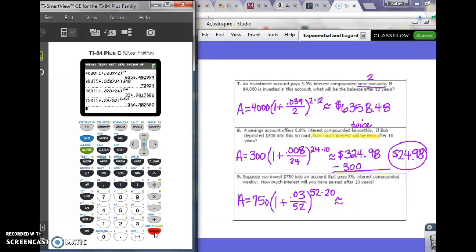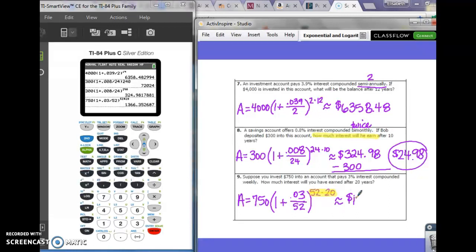A piece of advice for those folks that have or are using an older calculator, an 83 or an older 84. When you key this into your calculator, you need to make sure that once you hit the caret key, you put 52 times 20 in parentheses and close your parentheses so that 52 times 20 is considered to be the whole exponent.